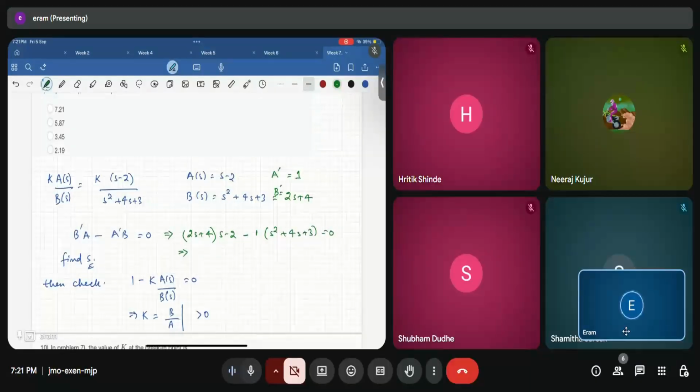So it is 2s square minus s square is s square, and the final equation you will get will be s square, 4s from here, 4s from here, it will cancel out, so minus 4s, and then minus 11.